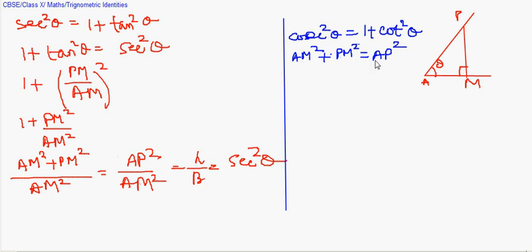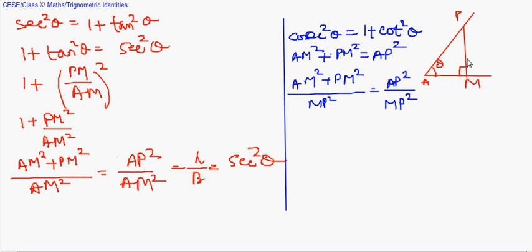Now if the whole of it is divided by MP square, what do I get? I divide the whole equation by MP square, both of them. So it will be AM square plus PM square by MP square, and this will be AP square by MP square.